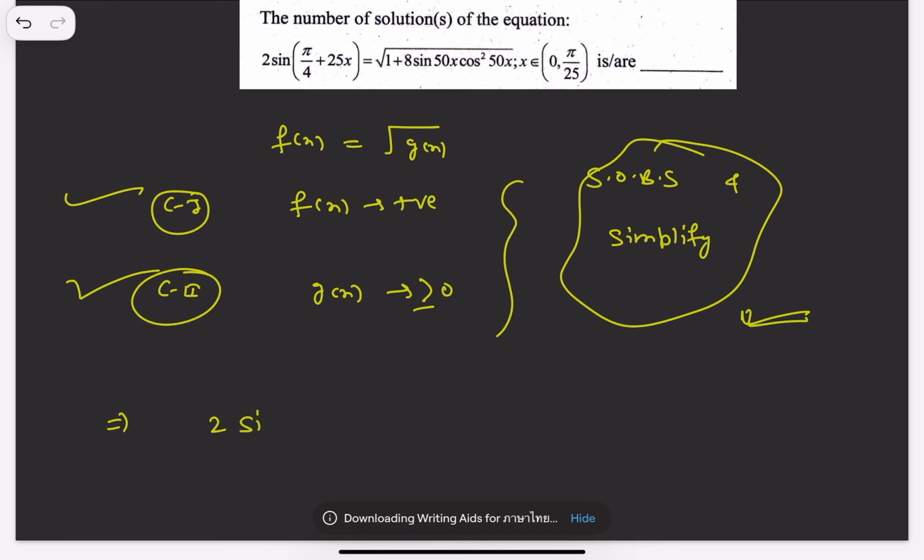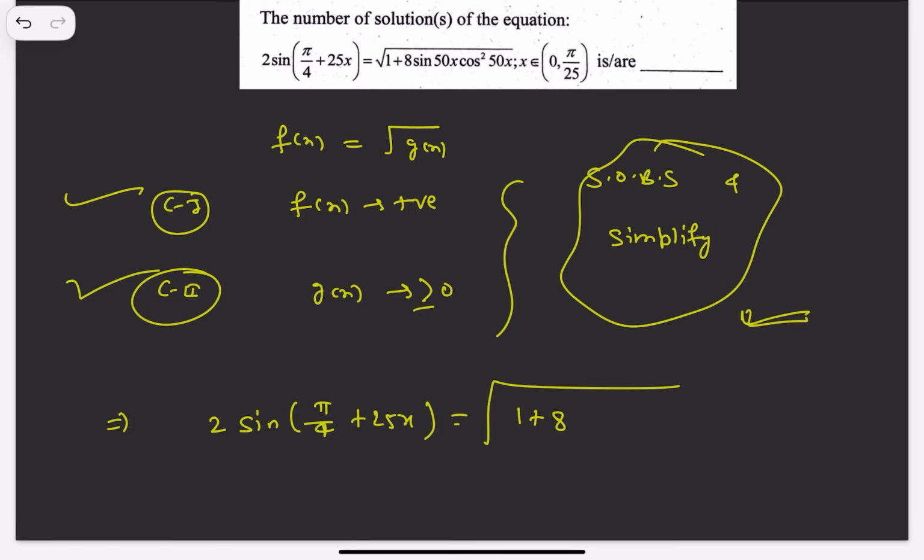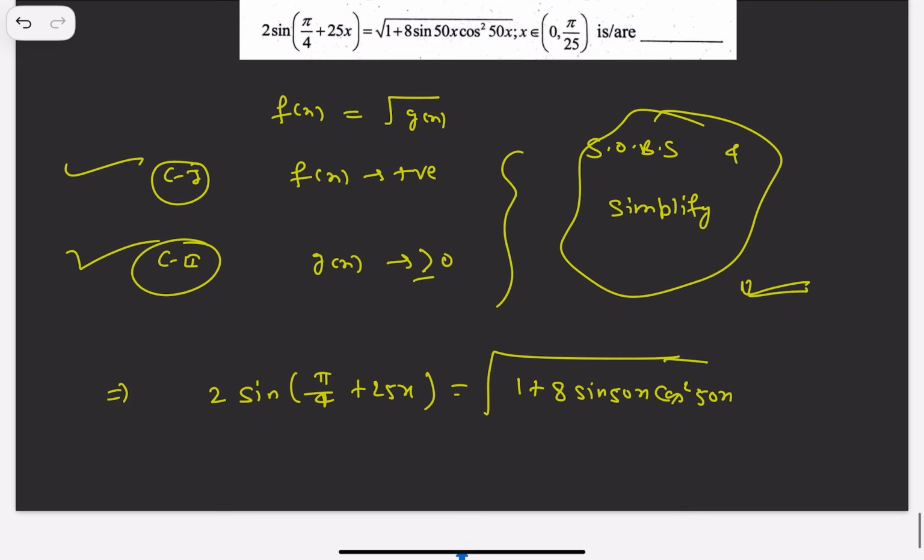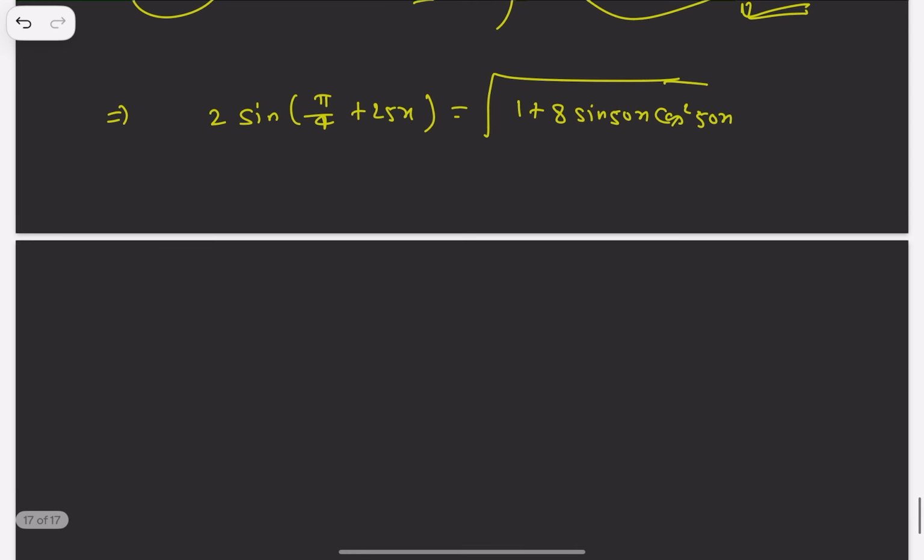We are given 2 sin of pi by 4 plus 25x equal to root over 1 plus 8 sin 50x cos square 50x, correct.